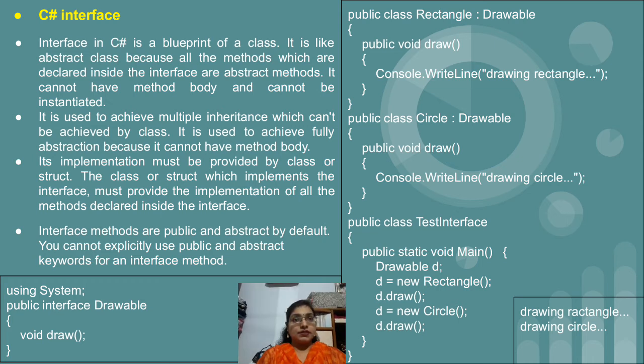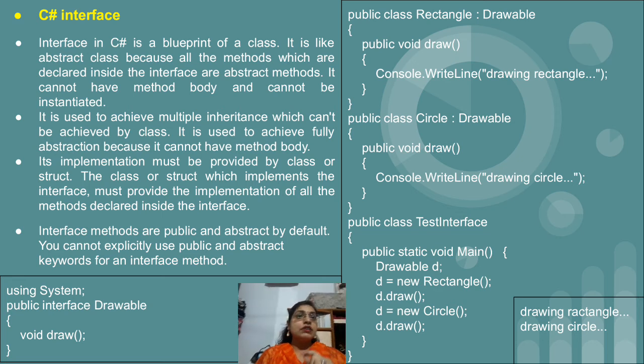So this is interface. So abstract and interface, I have taken the same example only, so that there will not be confusion. The points which you should remember in case of an abstract class are that we write the abstract keyword with the method, and if you want to inherit the abstract method, then we make use of the override keyword.